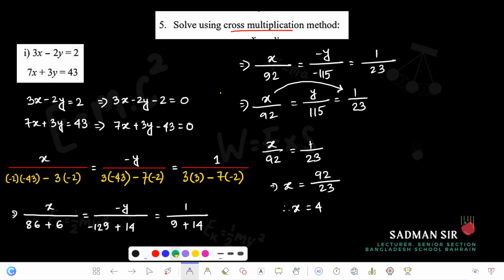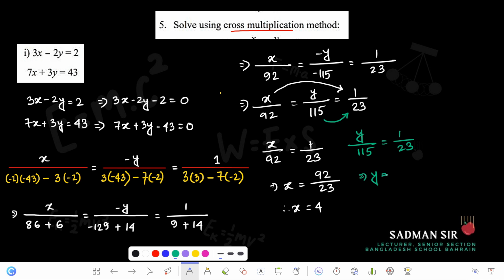Now to get the value of y, what we need to do, we will write this one equal to this one. All this arrow mark I'm giving for your better understanding, please do not give it in the answer script. Okay, so y divided by 115 equal to 1 divided by 23.